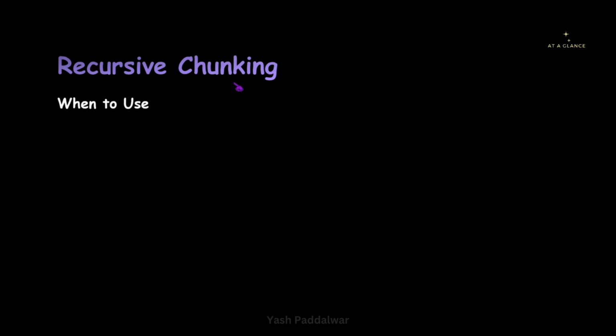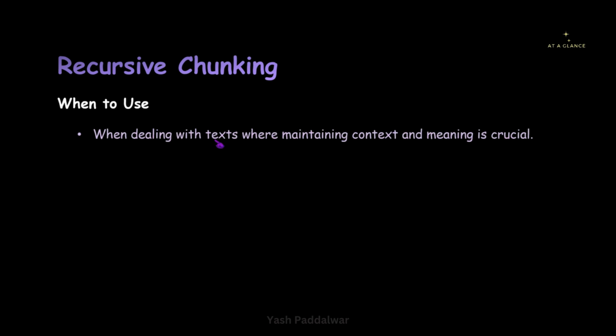Now let's see when to use this recursive chunking strategy. First, when we deal with text where maintaining the context and the meaning is crucial. As we have already seen, recursive chunking not only splits the text based on the chunk size, but it also takes care of the completeness of the words present inside our context. It won't create a meaningless chunk. Next, when splitting large documents or articles.